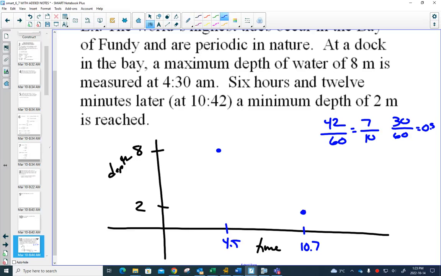And this is the only information we're given. Now we know it's periodic, so it's going to do this. Okay? Can you tell me the center line? Because we have to find a, b, c, and d if we want to create an equation.